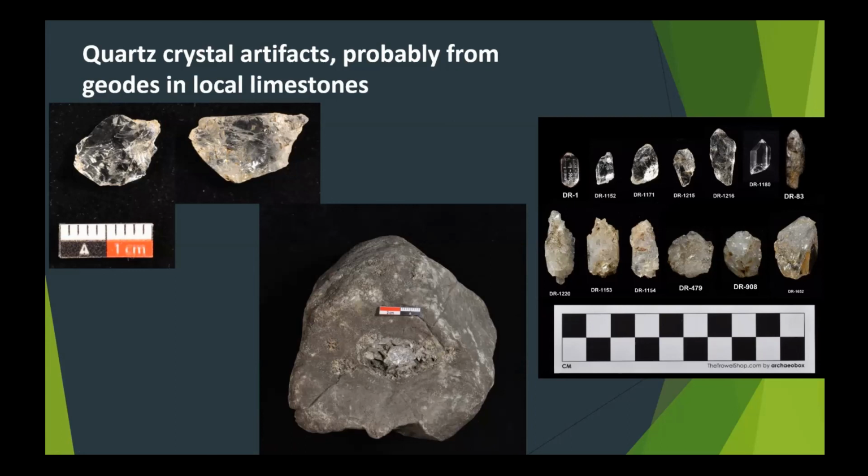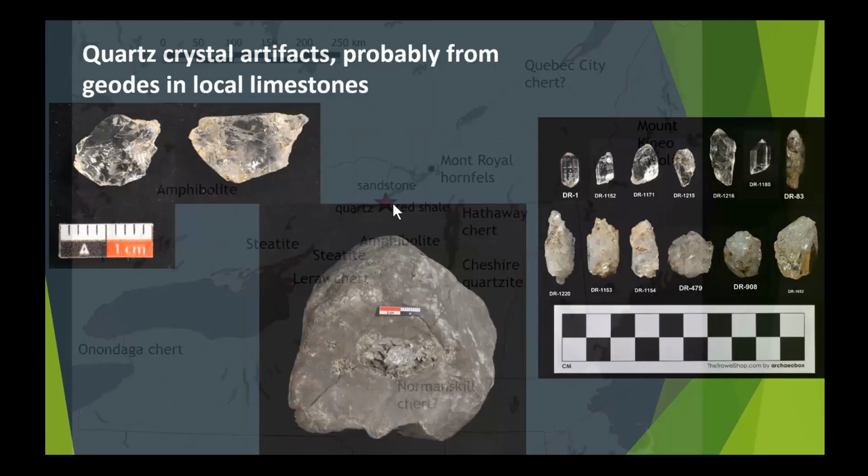And I'm wondering if it's not possible that these are crushed because they were actually used in rattles, or people were hitting them on an anvil while trying to extract the geodes and the crystals. Anyways, interesting, something to talk about perhaps.